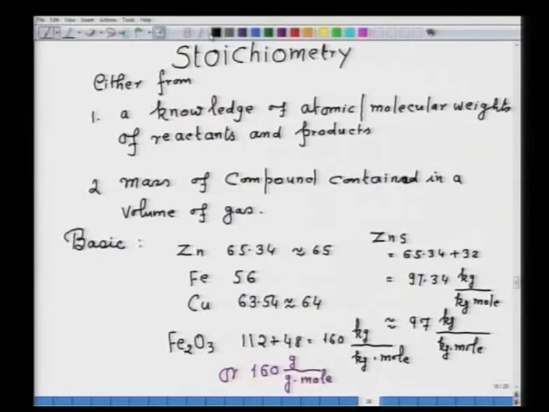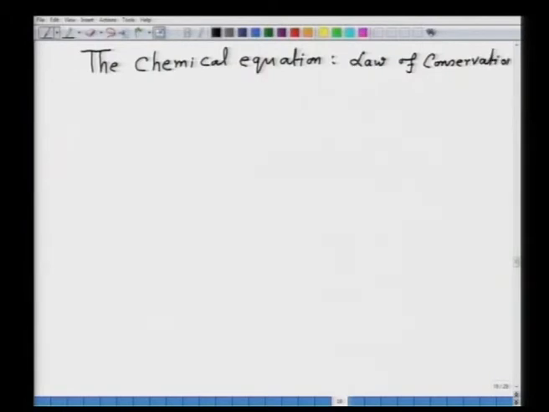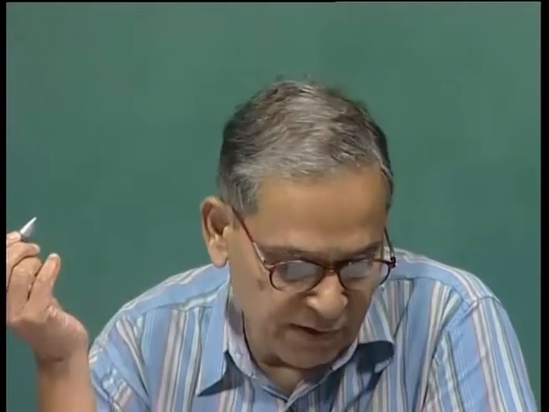Now, the chemical equation, let us see what we can do from writing down the chemical equation. In fact, a balanced chemical equation is based on the law of conservation of mass. That means the number of atoms or elements in the product is equal to the number of atoms or elements in the reactants.